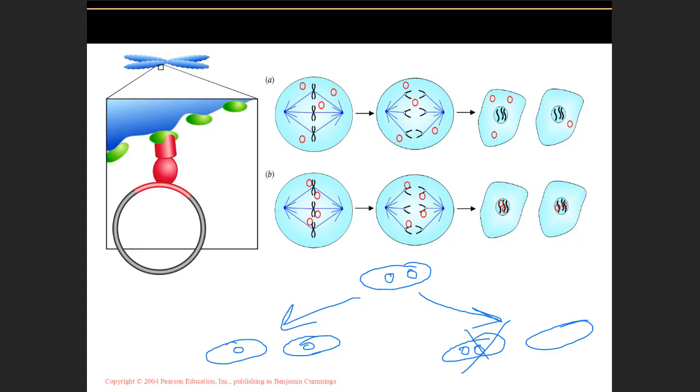Now, if we're talking about HPV, let me draw again. So this is what HPV always wants to happen. It wants every daughter cell, every skin cell, to be carrying a copy of the HPV DNA. So that's what it wants.